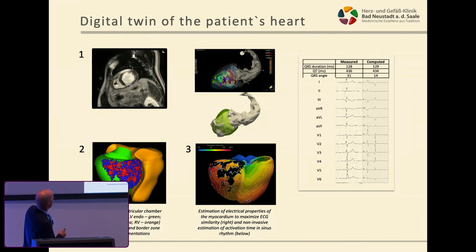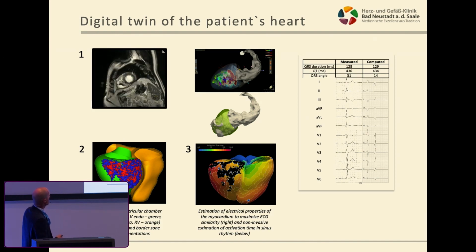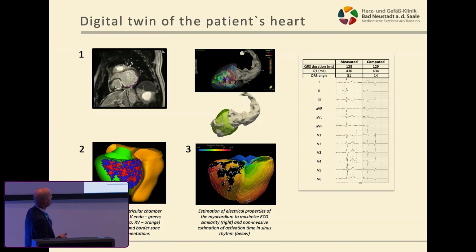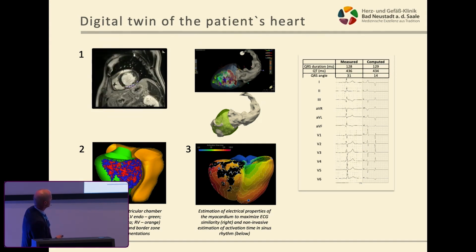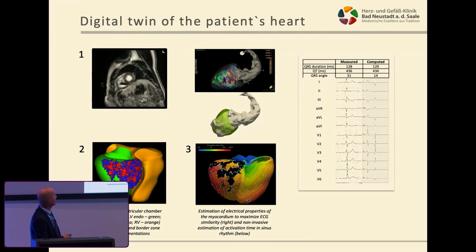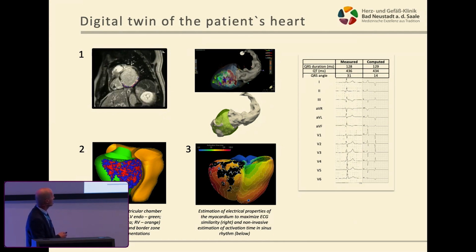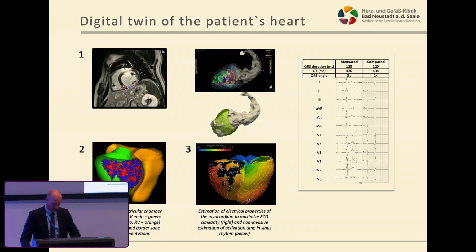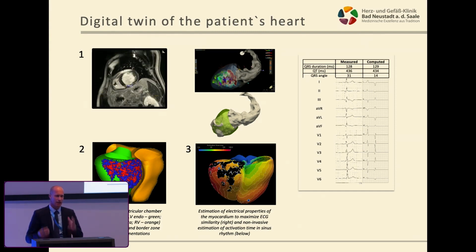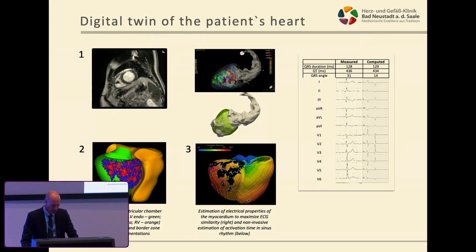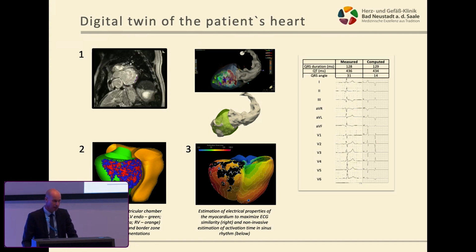So all of this is done automatically, and it creates a 3D model of the heart with transmural, non-transmural scar, with LV, endocardium, and epicardium, and also the RV as a 3D model of the patient's unique heart.